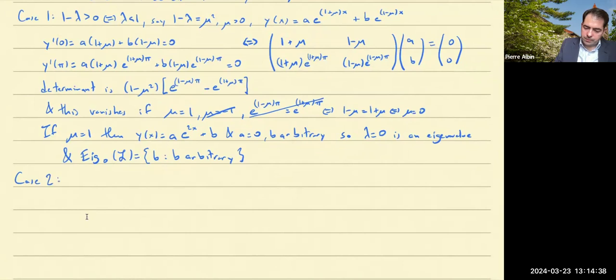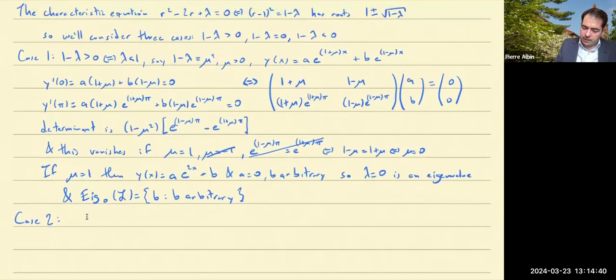Case two is 1 minus lambda equal to 0. So that's say lambda is equal to 1. Here the characteristic equation is r minus 1 squared equal to 0.